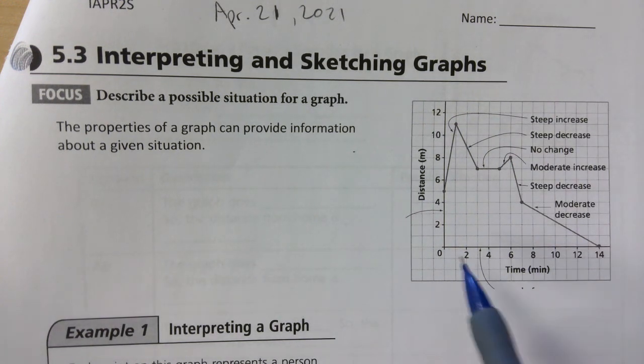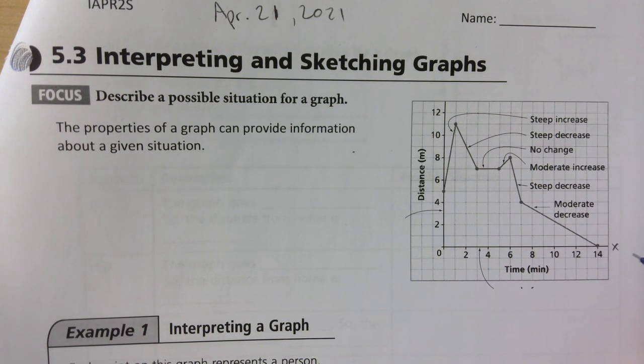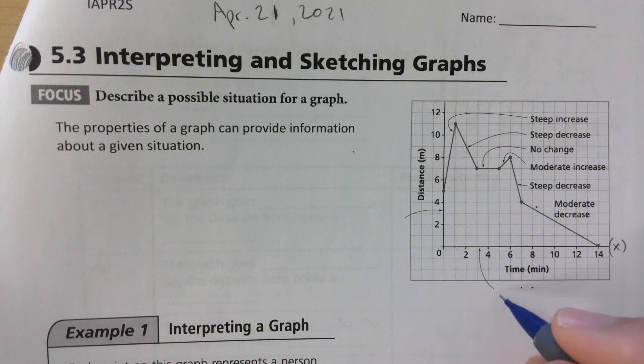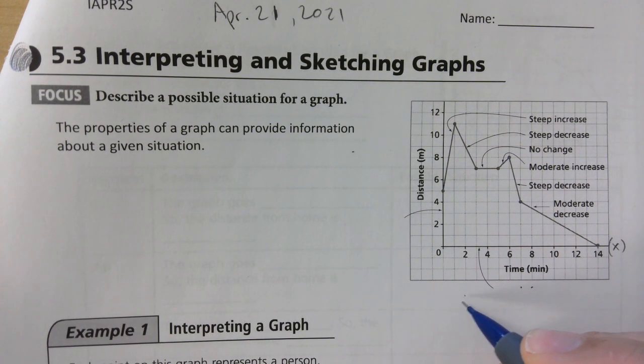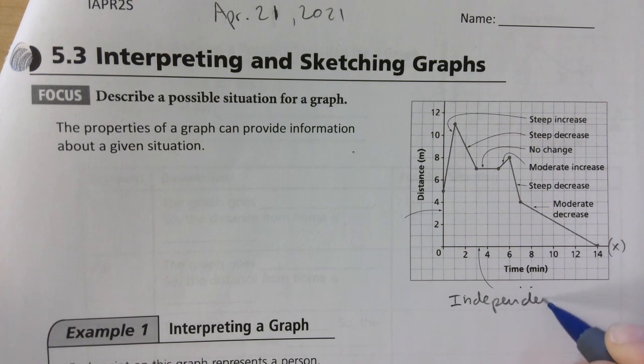So you can tell that along the x-axis, this is our x-axis here, right? And that one is called the independent variable. So the x is the independent variable. I'm sure you remember, you may have heard of that.